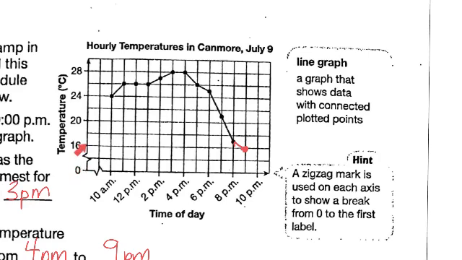Same thing between 0 and 16 degrees. We weren't recording any data during that time, so it wasn't relevant. So we have that break to indicate that the information wasn't relevant and not recorded.